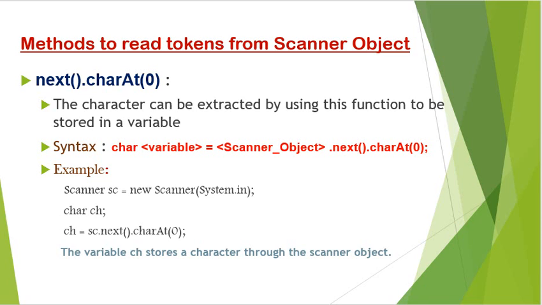So if we want to input a single character from the user, then we will use this method, next().charAt(0). This takes a single letter from the user through the scanner object. So these are the different methods that we will use to take input from the user.